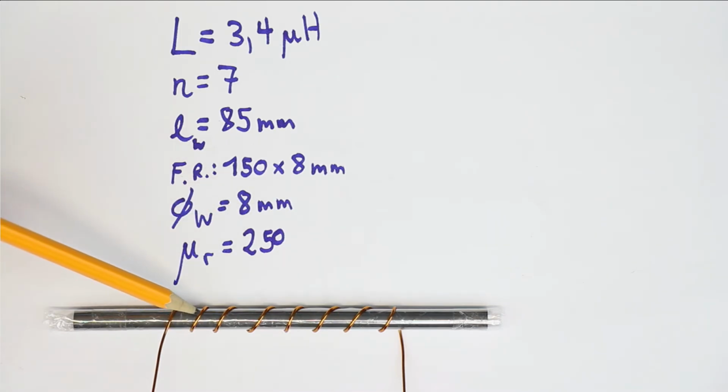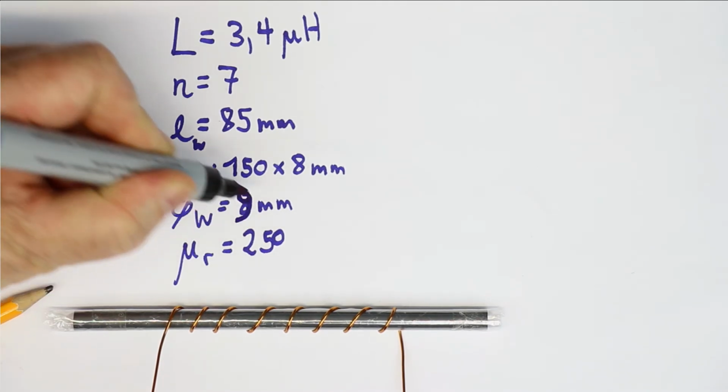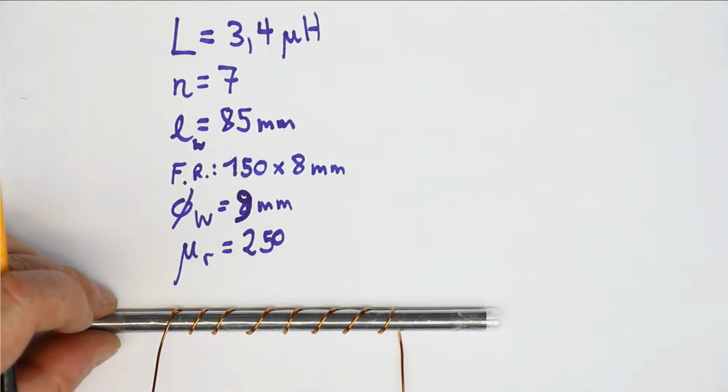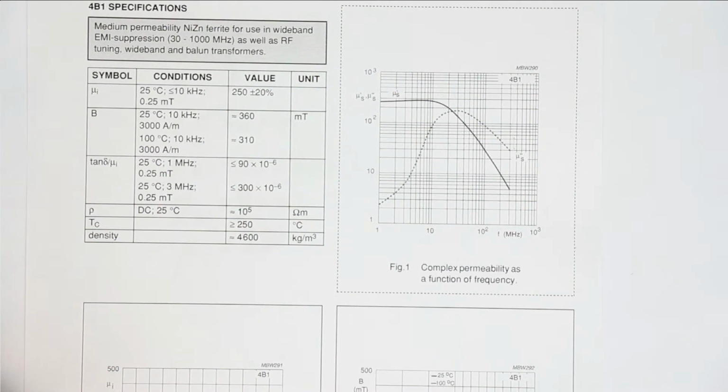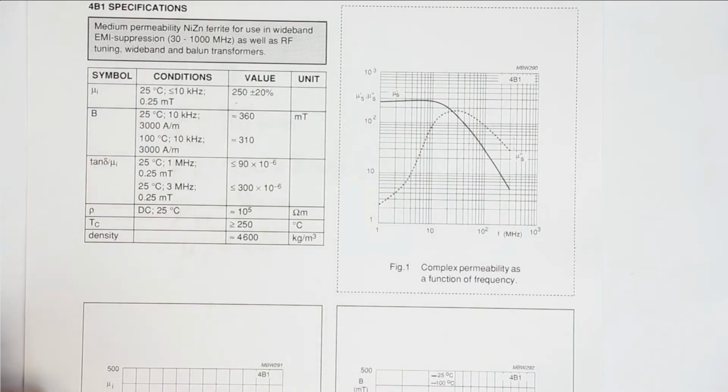We would have to take the wire diameter into account, so basically we make this 9 millimeter because we have a 1 millimeter diameter magnet wire. And the relative permeability of the material according to the data sheet is 250 plus minus 20%.